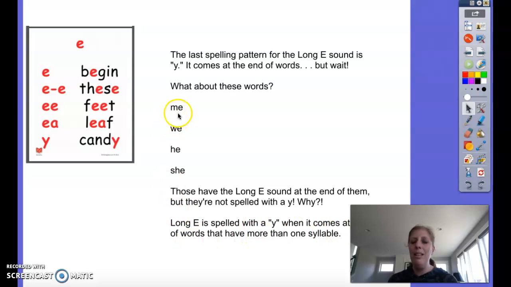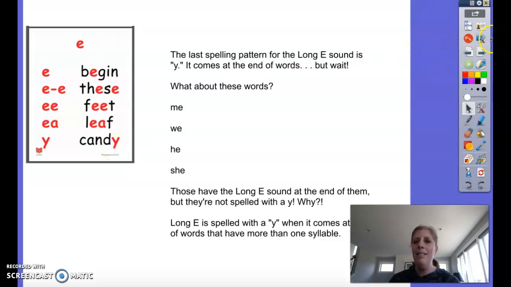These are just one syllable: me, we, he, she, right? They only have one vowel sound. But if you look at candy, we hear A and E. It has two vowel sounds, so it's two syllables. If a word has more than one syllable and it has the E sound at the end, it's usually spelled with a Y.